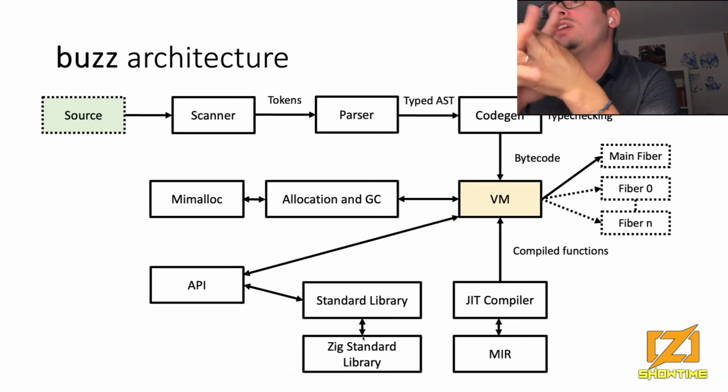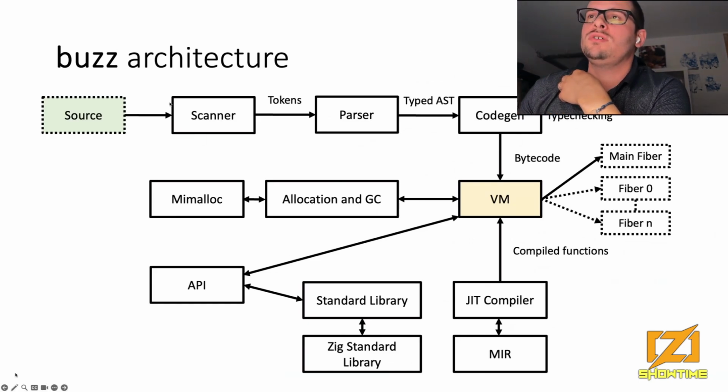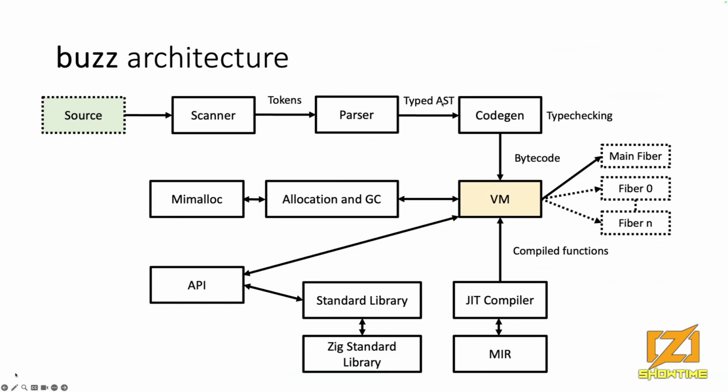So here is what it looks like. For people used to languages, you might recognize a lot of it. We are feeding the source code to a scanner, which is going to tokenize it and feed it to a parser, which is going to generate a typed AST. Then we have the code generation, which is going to do type checking and generate bytecode at the same time. And then it's going to give it to the VM, which is going to run it.